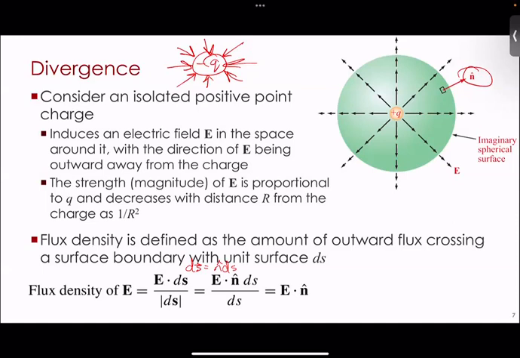That lets us go from here to there, which is nice because then the dS's cancel out and you're just left with E dot n hat. The reason why you divide by this is, imagine you're considering a bigger chunk, a bigger square, your dS is bigger, your magnitude of that area is bigger. Well, obviously more water is going to flow through it. So by dividing by it, you normalize that out. That's why we have a density here.